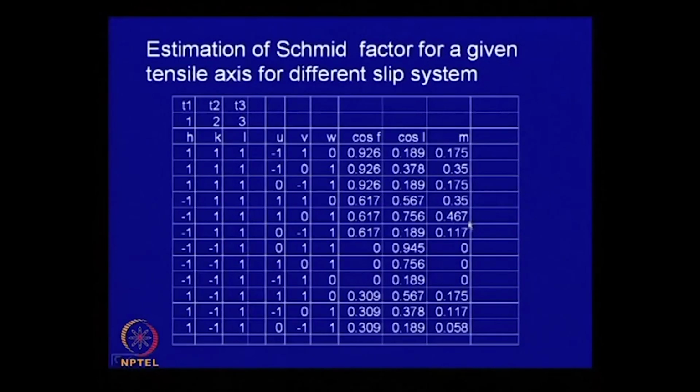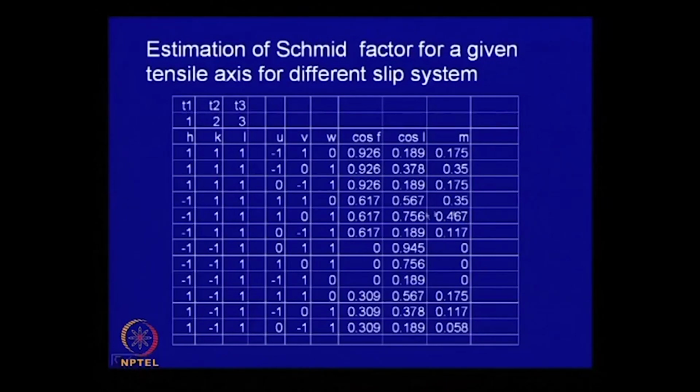And ultimately what you find is that for this particular orientation, if the tensile axis is 1 2 3, then the plane minus 1 1 1 and slip direction 1 0 1 has the highest Schmid factor.